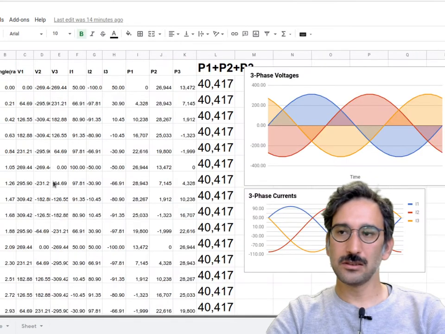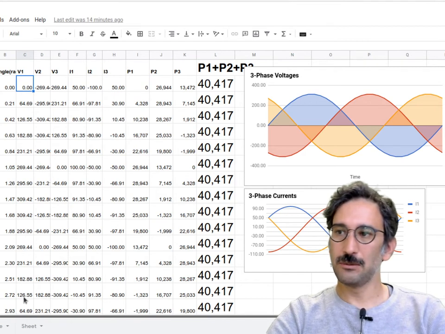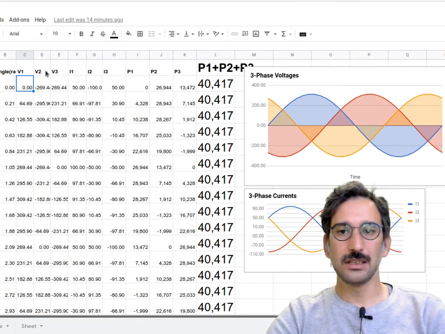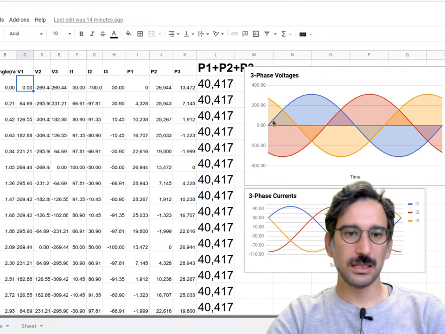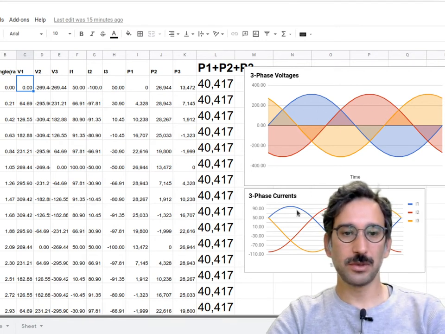Again, I didn't do anything fancy. I have the voltages here, all going along the time axis. I have the second phase, third phase, and the currents, which are in phase with the relevant phases. They are all 120 degrees apart from each other.